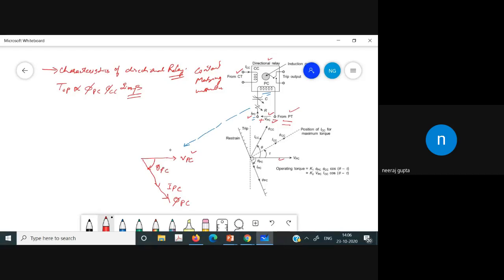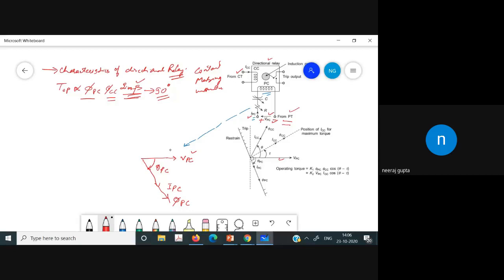Let it be theta PC. Now, for the production of the maximum torque, you will see from this relationship that the angle between phi PC and phi CC should be equal to 90 degrees.